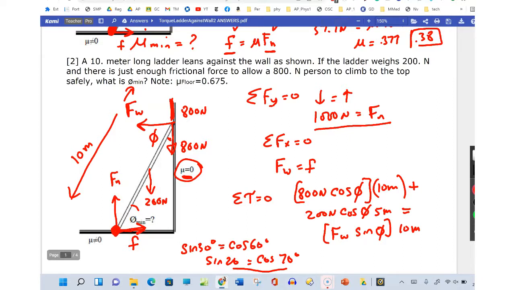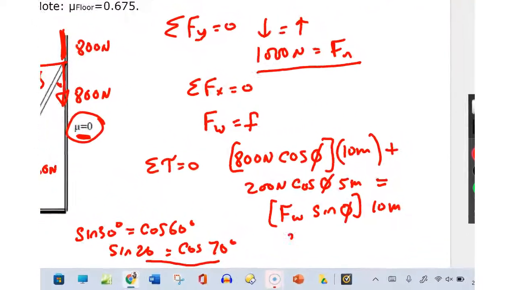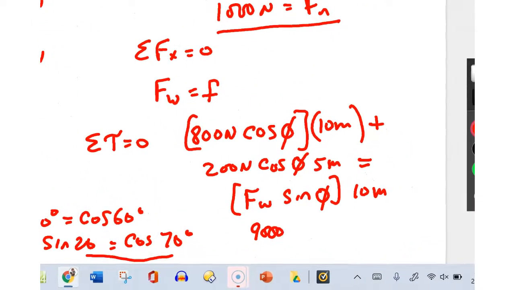Let's get all the cosines together. So we get 9,000, this is 8,000 cosine theta. This is 1,000 cosine theta. So it's 9,000 cosine of that theta equals FW times the sine, that theta times the moment arm of 10 meters.